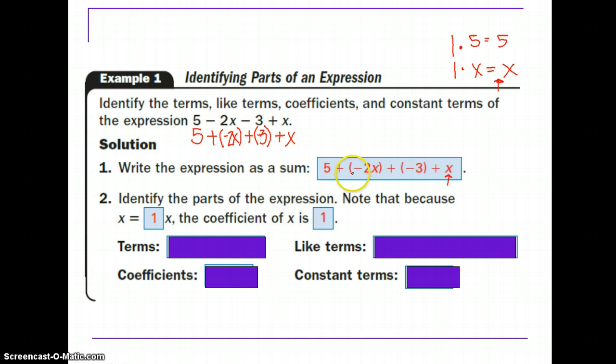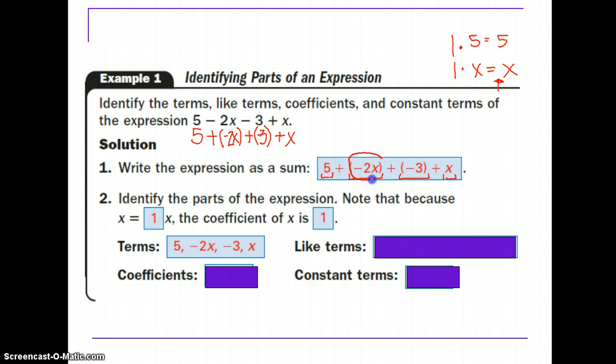Let's talk about the terms. The terms are the parts that are in between the addition signs. So that would be pretty much everything except the adding. So you'd have 5 and negative 2x. That whole thing is a term. Negative 3 and x. So you have 4 terms here. The like terms are the ones that have the same variable part.